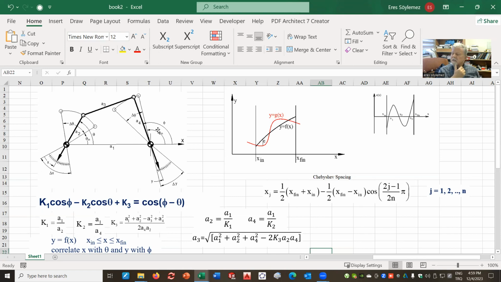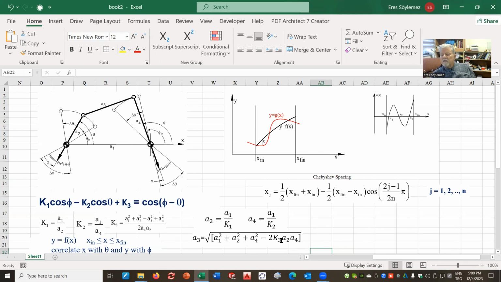This will give you 3 linear equations in terms of K1, K2, K3, because you will be defining phi and theta in those 3 equations. If the coefficient matrix is not equal to 0, you are going to have a unique solution for K1, K2, K3. But this does not necessarily mean you are going to have a good, feasible four-bar mechanism.